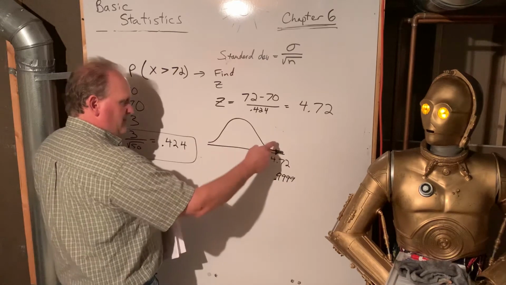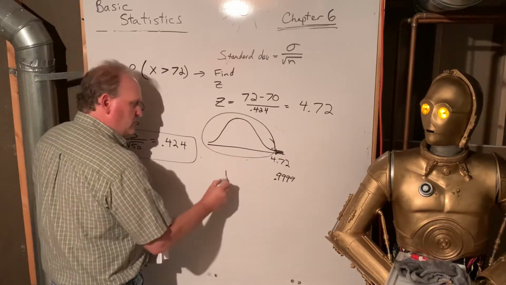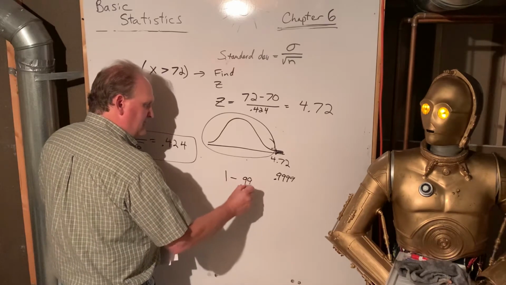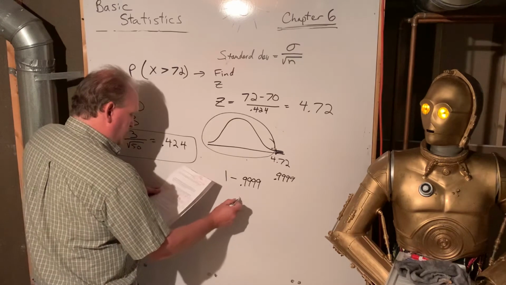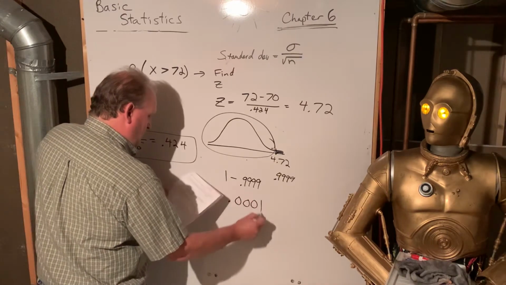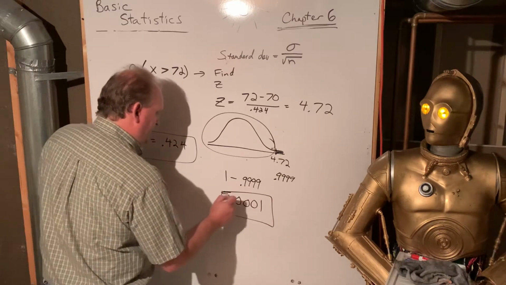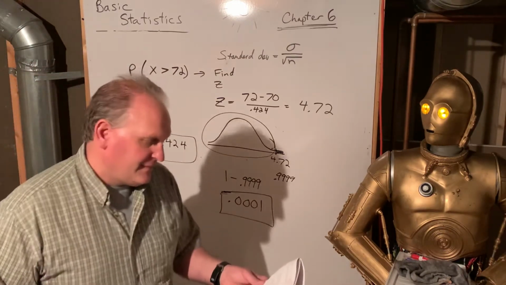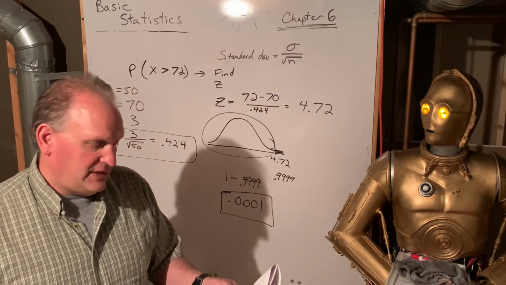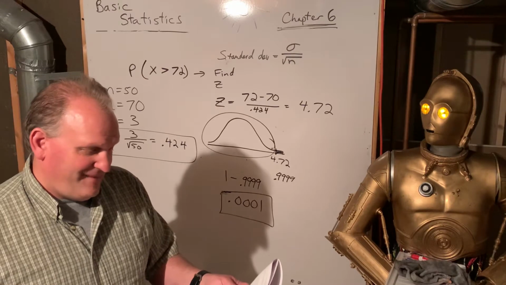Remember, 0.9999 represents this area, so we're going to do 1 minus that. So it turns out that is not very likely at all. 0.0001. Not very likely that you're going to end up with an average height over 72 inches with a random group of 50. All right.